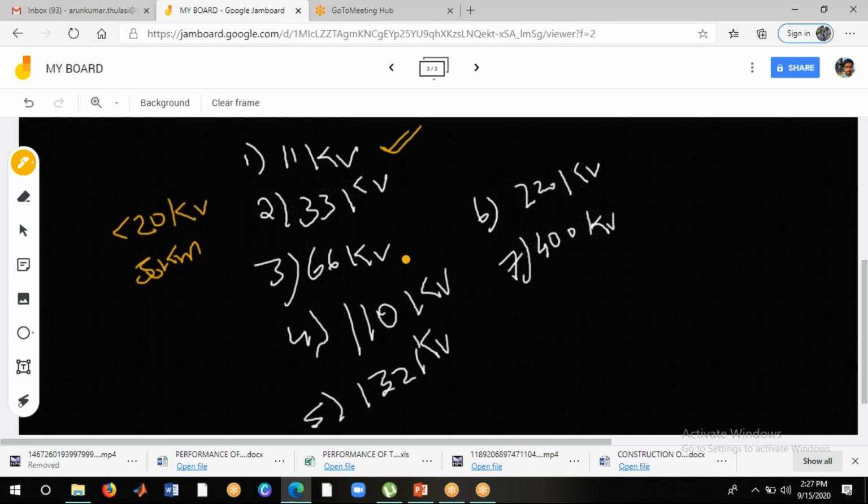Next, what is the rating of voltage levels for the medium transmission lines? What are the voltage levels in the medium transmission line?